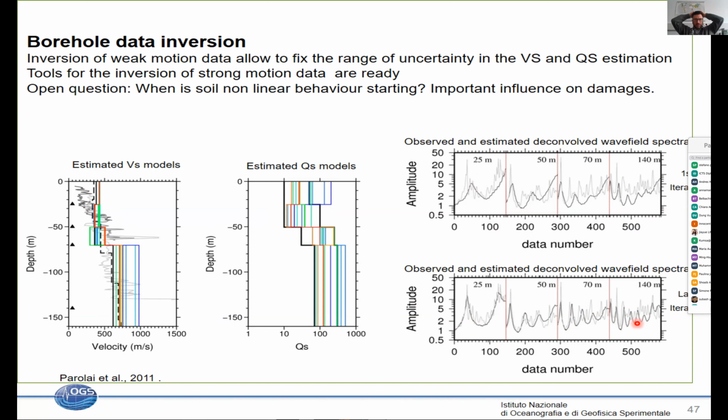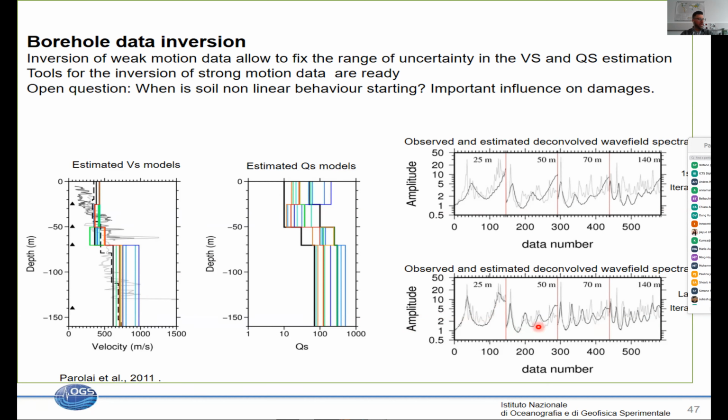However, this usage of Borels was proved to be very efficient in obtaining a good velocity structure. You see, these are different models starting from different inversions, but this tool was shown to be much less effective in estimating the damping, the quality factor in the underground. Because even with quite different quality factors, it's still possible to reasonably retrieve the transfer function of the medium.